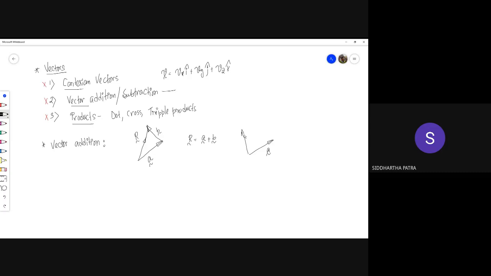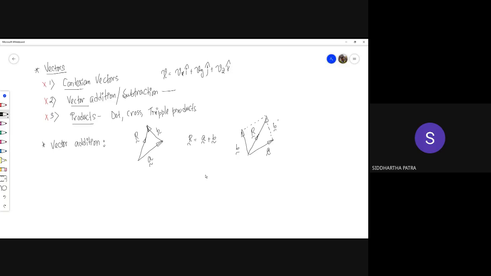Then I can draw a parallel of B, identical to B. Let's call it B prime. If we complete that parallelogram, then the diagonal of the parallelogram essentially gives us the resultant. We are allowed to know that.